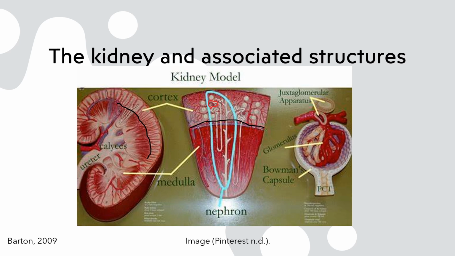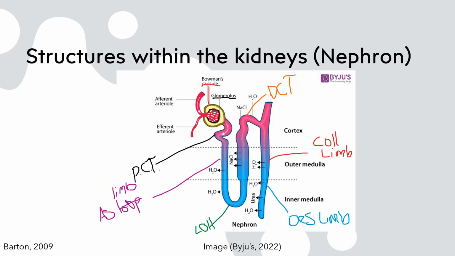The next slide is basically an image of a nephron again. Some structures are labeled that weren't labeled before. This slide shows you the structures associated with the nephron, such as your renal corpuscles and your renal tubules. The glomerulus is a cluster of capillaries that sit inside Bowman's capsule.